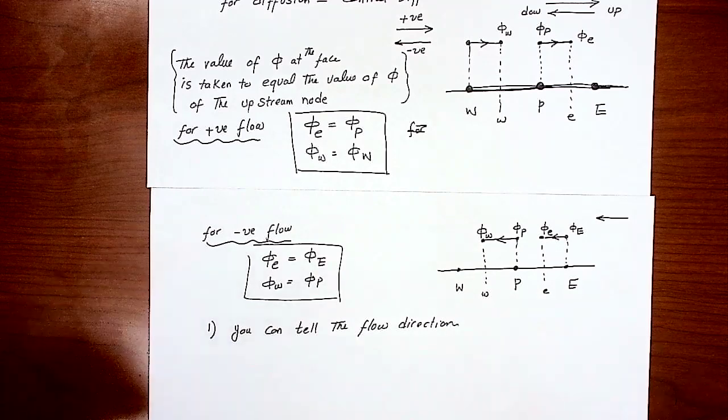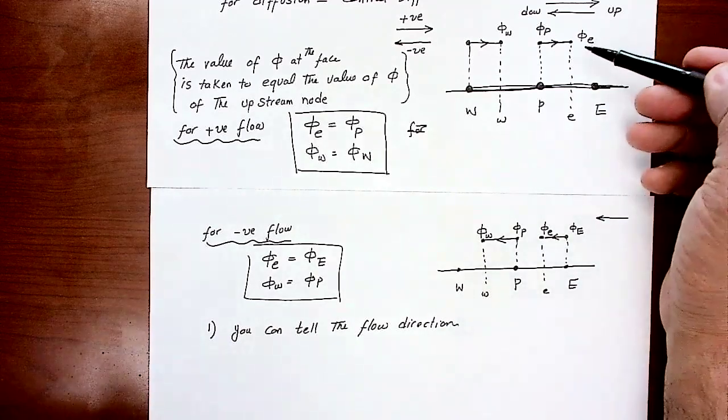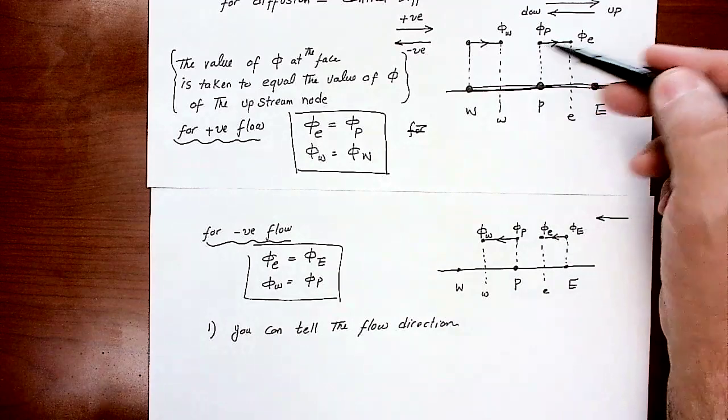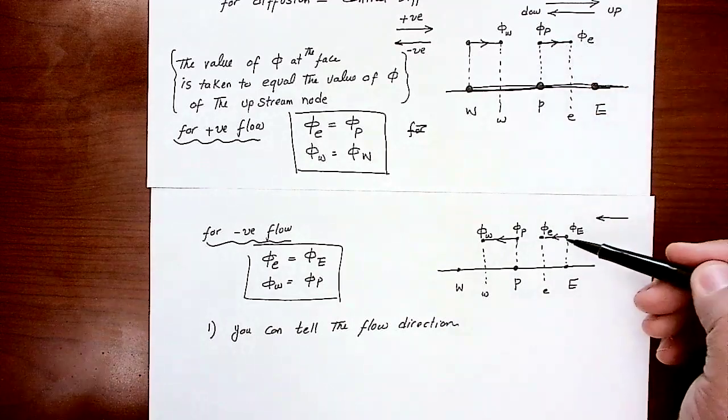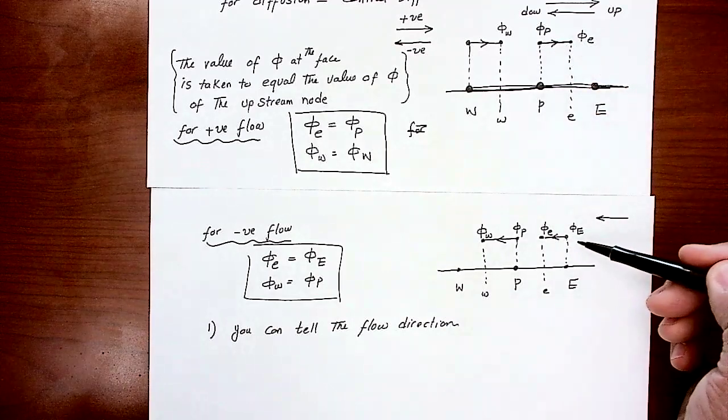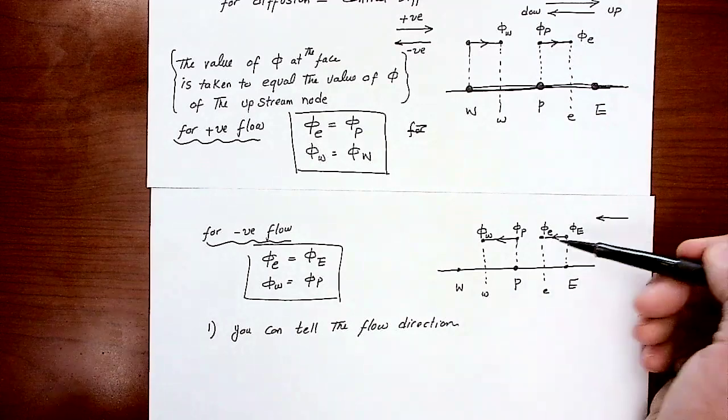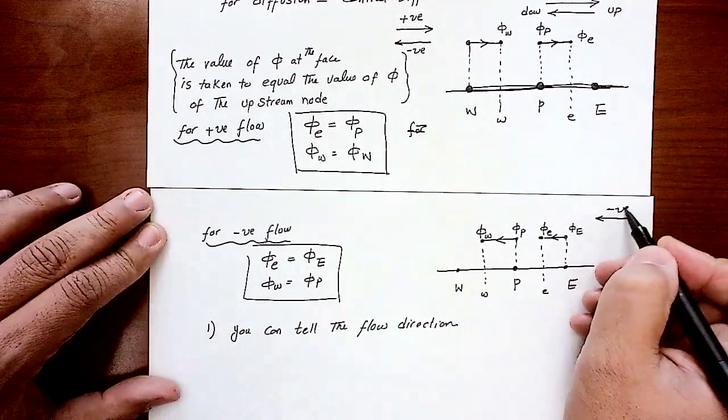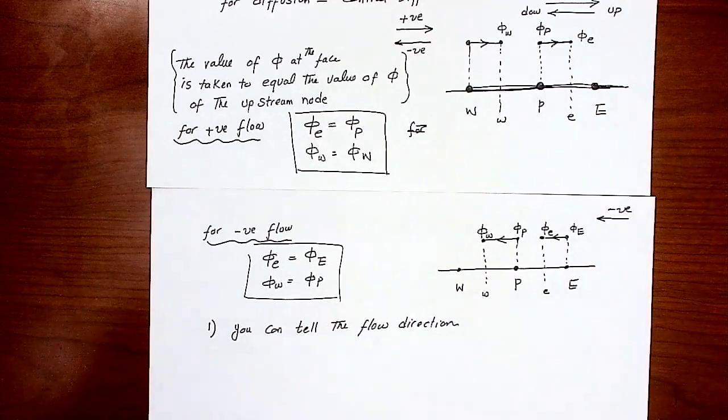So if you find that phi east is equal to phi P, it's telling me that I have a positive flow direction. If phi east is equal to phi E capital, this is telling me I'm going in the negative flow direction. So that's one of the advantages here.